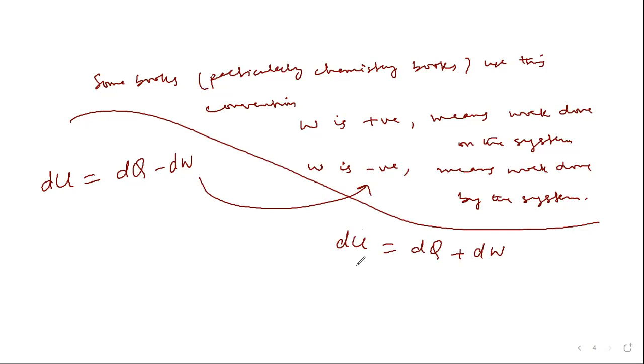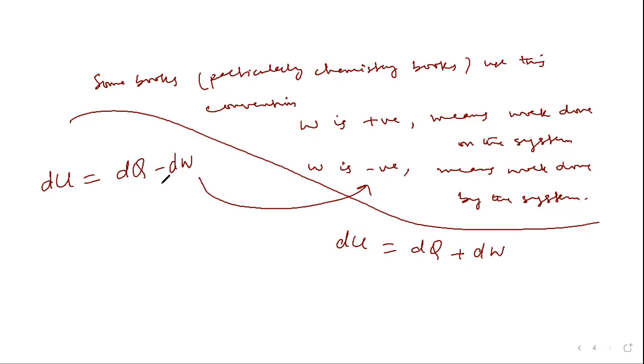So again, conclusion is same, that the internal energy of the system can be changed either by heat or work or by a combination of both. Here this plus dW represents work done on the system in this convention.